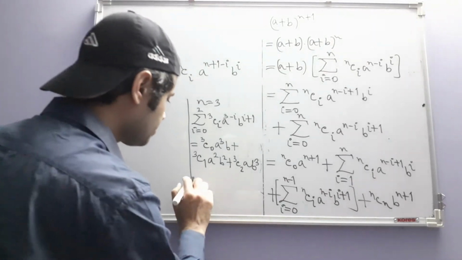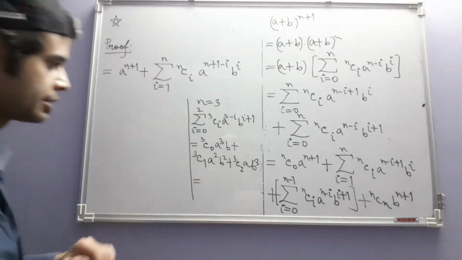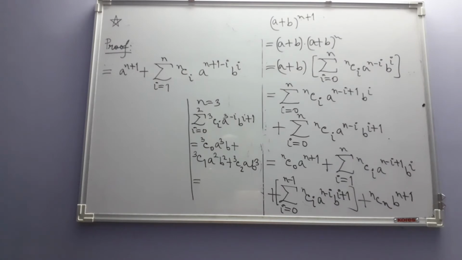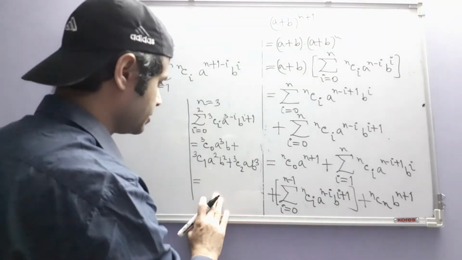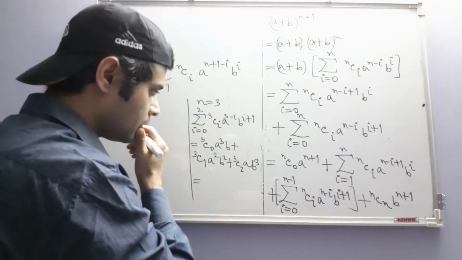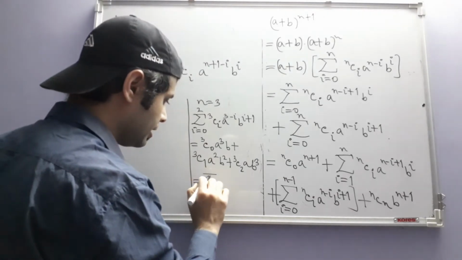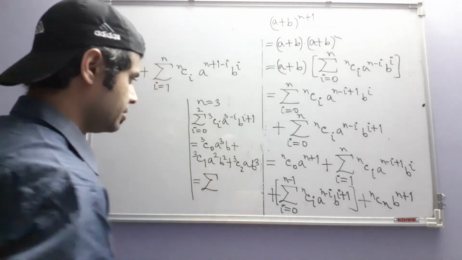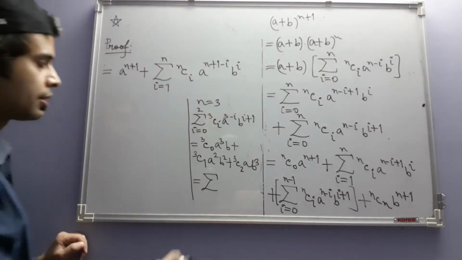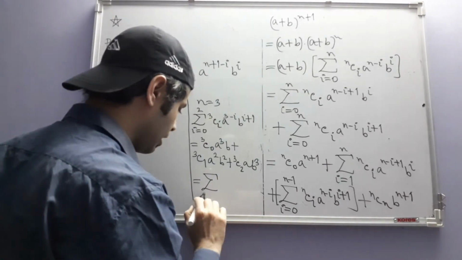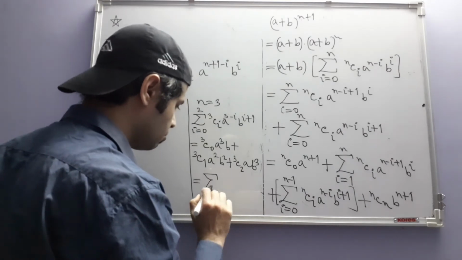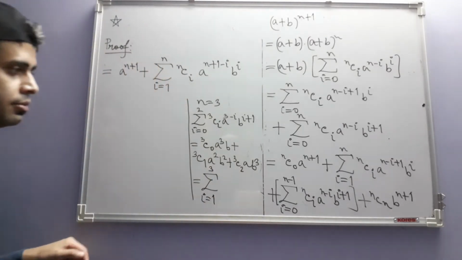Okay. Now I want to change this sum, I said, but in exactly what way am I changing this sum? If instead of i varying from 0 to 2, I write i varies from 1 to 3.